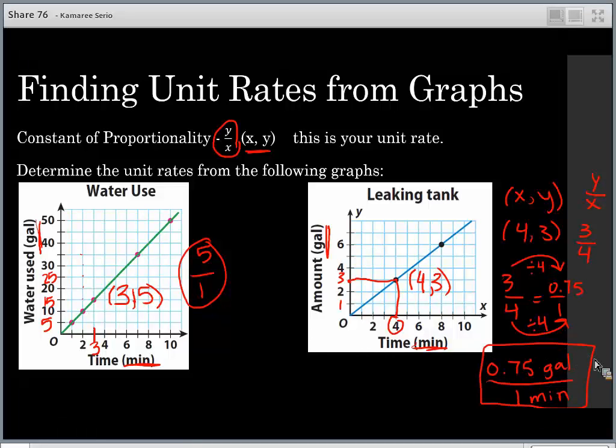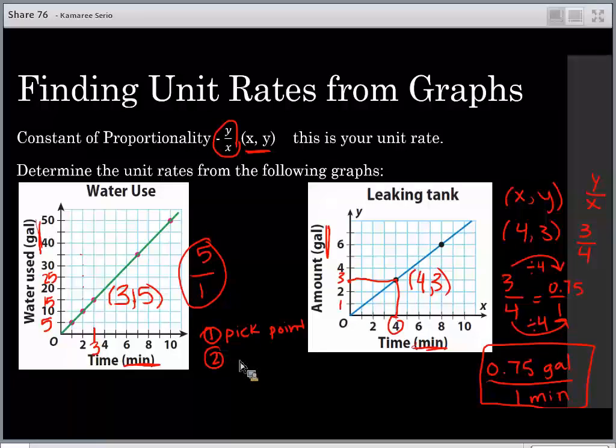Okay. So when you find unit rates from graphs, to recap, the first thing you want to do is pick a point. Then the second thing you want to do is identify the coordinate pair, so write your coordinate pair.